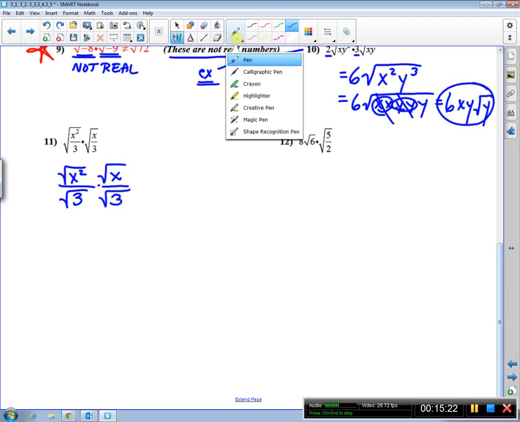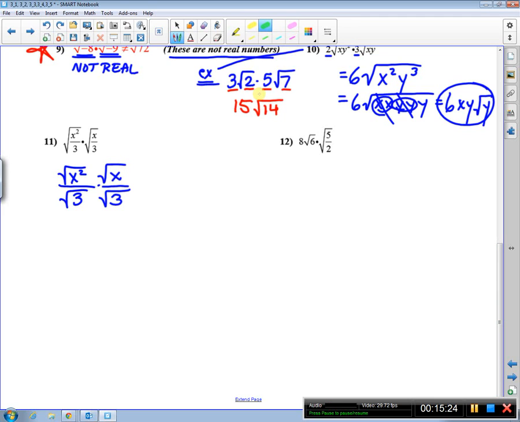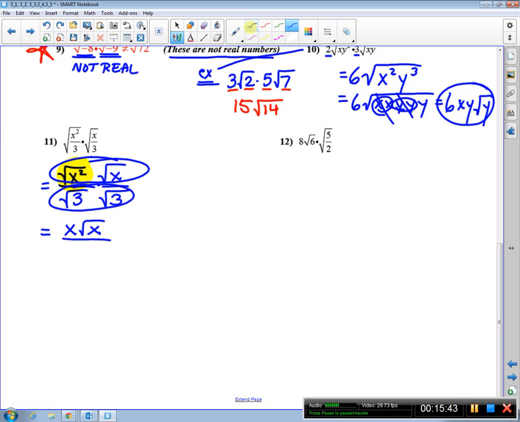The first thing I see is that I have a perfect square there. So I'm going to bring that out as an x. And if I multiply across the top, then I have x, square root of x. And multiplying across the bottom, radical 3 times radical 3 is 3. There you go.